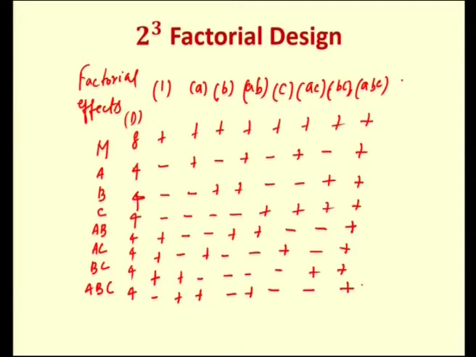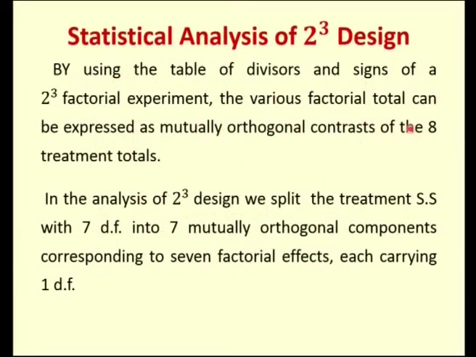With this we can find the means of various treatment combinations, and based on that table of divisors and signs of the 2 power 3 factorial experiment, the various factorial totals can be expressed as mutually orthogonal contrasts of the 8 treatment totals.